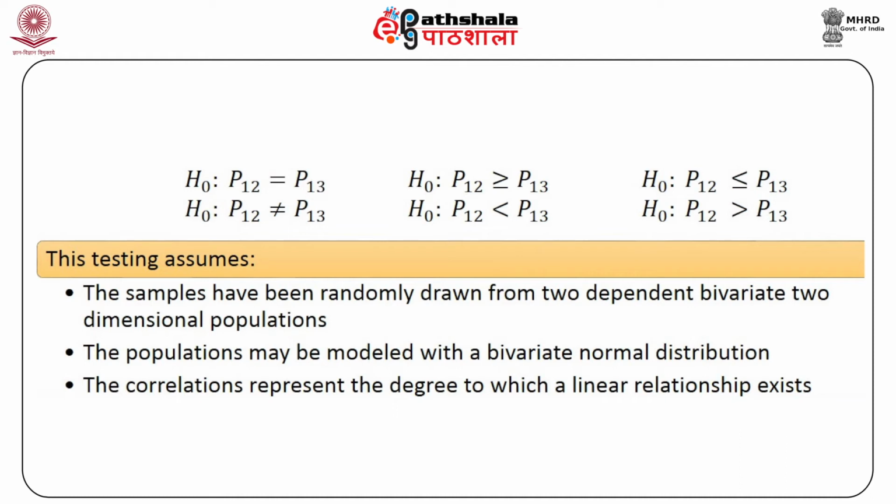This testing has certain assumptions, and the first assumption is that the samples have been randomly drawn from a dependent bivariate, two-dimensional population. The populations may be modeled with a bivariate normal distribution, and the correlations represent the degree to which a linear relationship exists between the two variables.